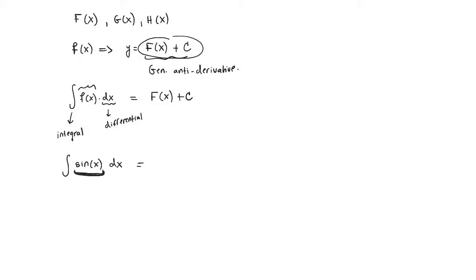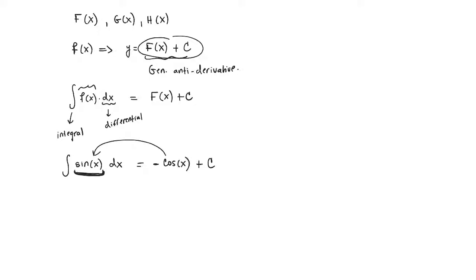Exactly what we were doing just now. I want to find the general antiderivative, so then I know that I have to differentiate negative cosine of x. The derivative of negative cosine of x is going to give me sine x plus c. By adding the c, I now have the general antiderivative. So this is all what the notation means.